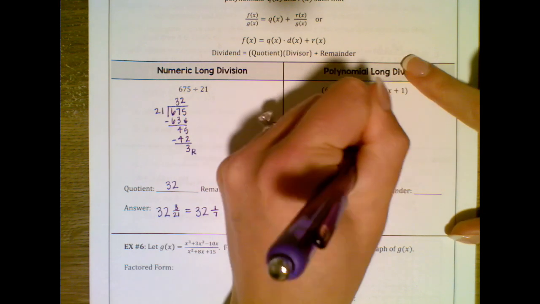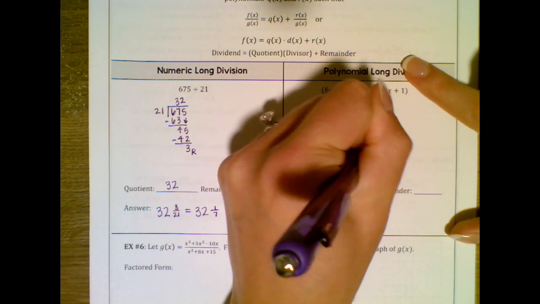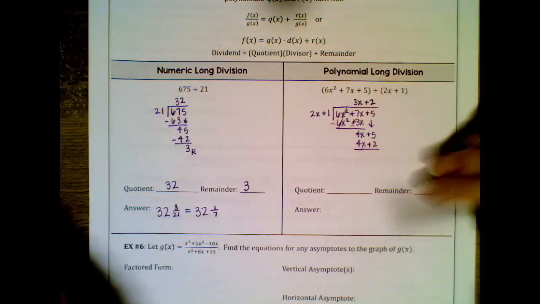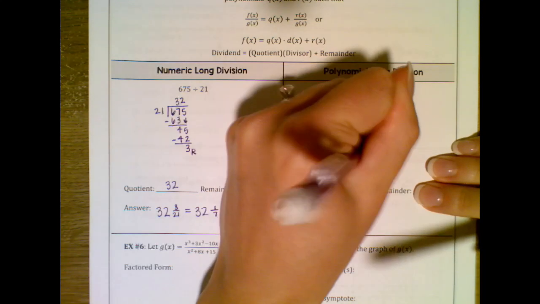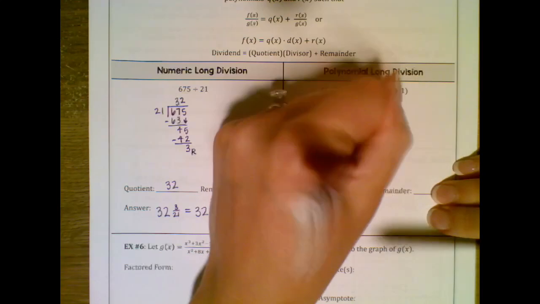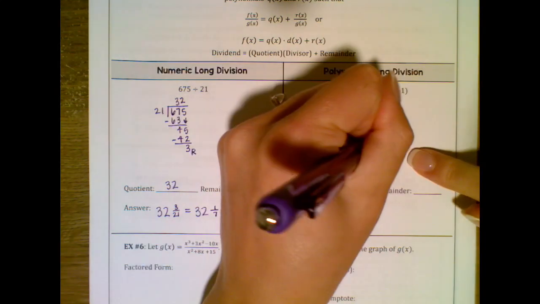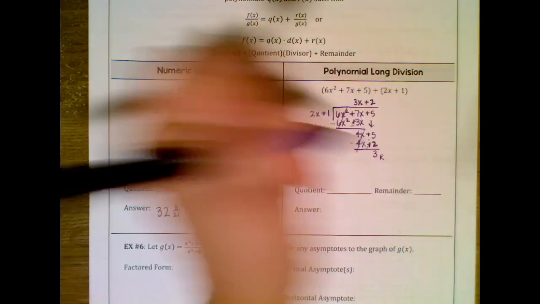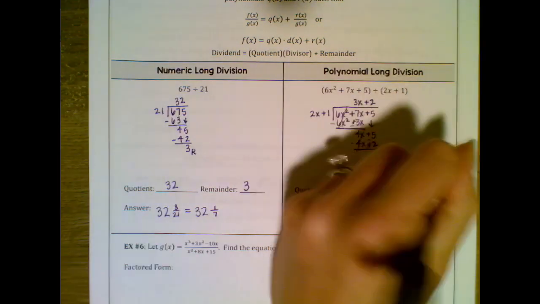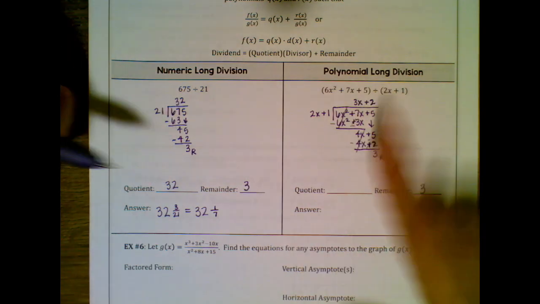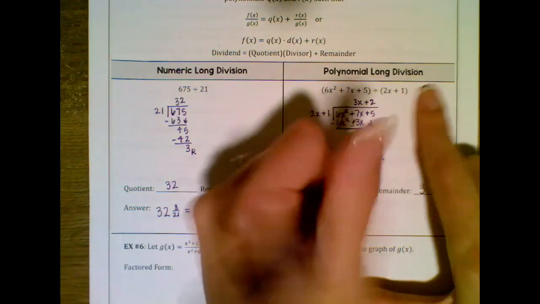And 2 times 1 is 2. I'm going to subtract those terms. That changes my signs. The 4x's cancel, and 5 minus 2 is 3. There's nothing else for me to bring down. So notice 3 is my remainder. That's what happened over here. And my quotient is 3x plus 2.